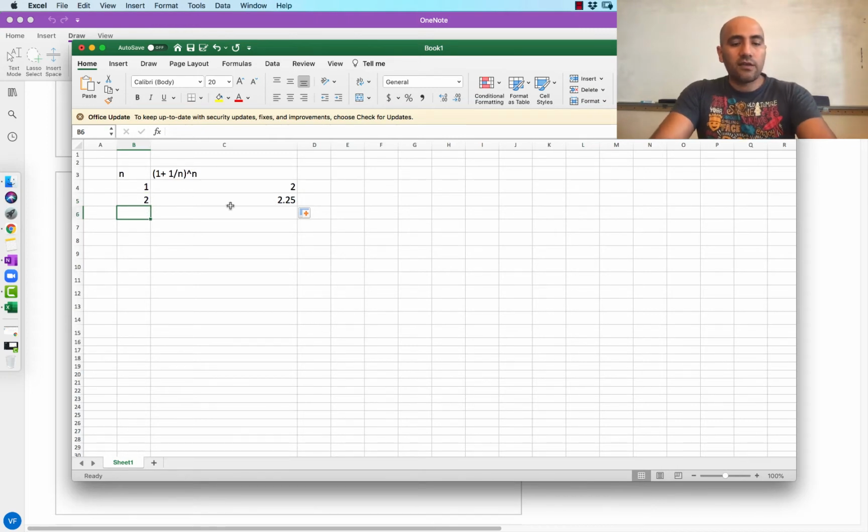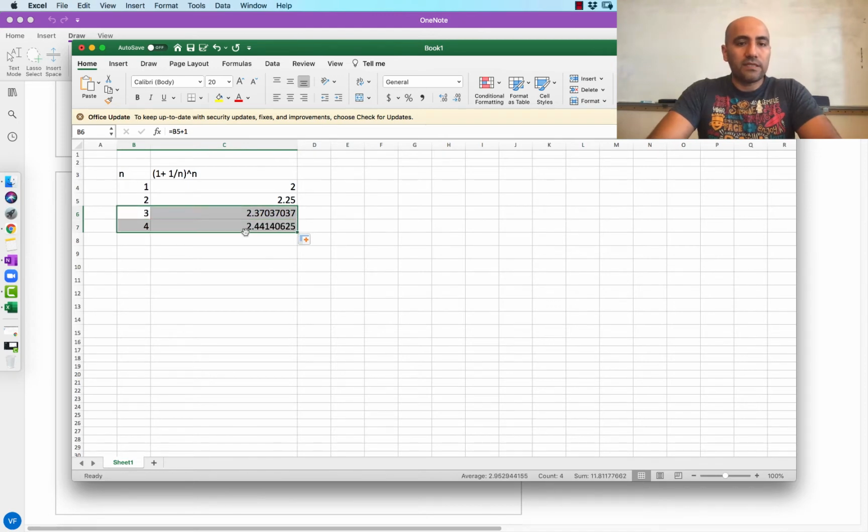When n equals 3, we get this decimal, 2.37037, and when n equals 4, we get this decimal, 2.4414.